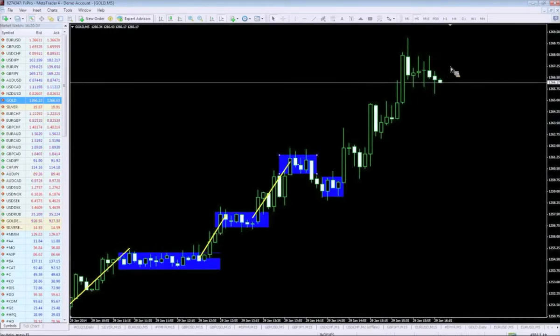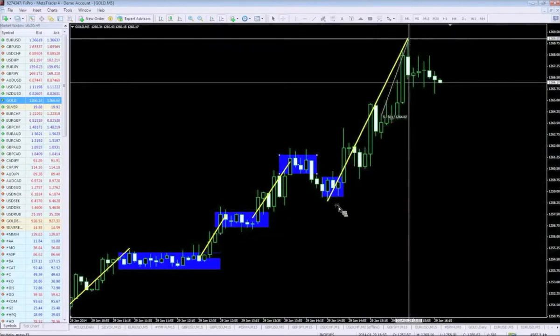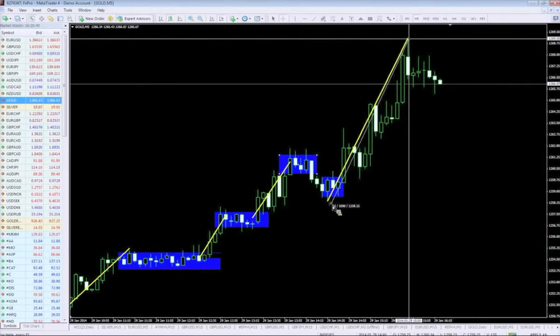But again, this goes into some of the psychology, and I ask myself questions as to why things happen. We went from this low up to this high, and let me see how many points that is. That's 100 points, or a $1 move, I guess, for the gold traders. They would know better.